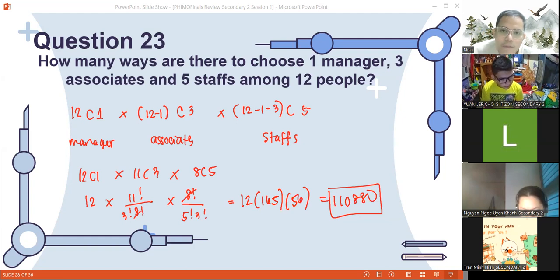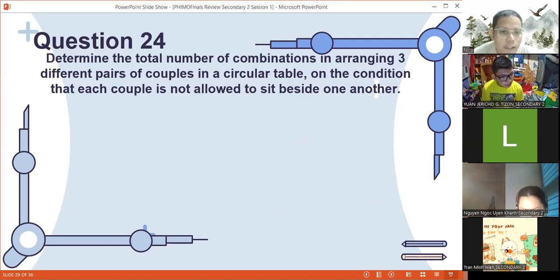Okay, let's have number 24. Determine the total number of combinations in arranging three different pairs of couples in a circular table. On the condition that each couple is not allowed to sit by one another. Okay. So this one here, you notice arranging three different pairs of couples in a circular table.